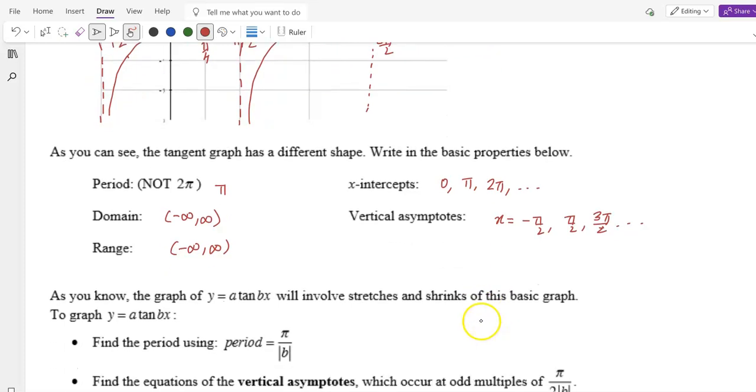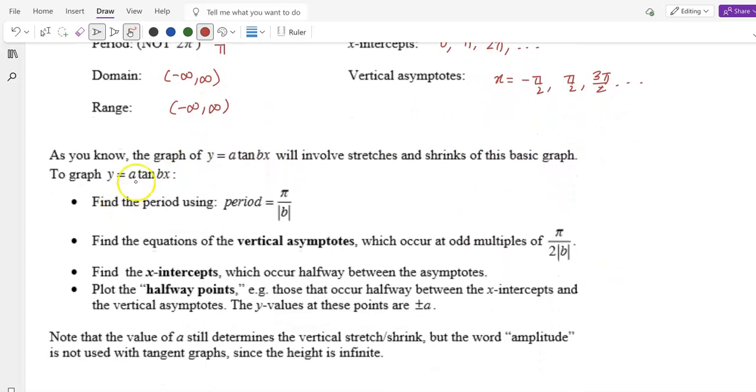As we know, the graph of y is equal to a tan bx allows stretches and shrinks of the basic graph. So if you consider the graph y is equal to a tan bx, find the period using the formula: period is equal to pi upon the magnitude of b.